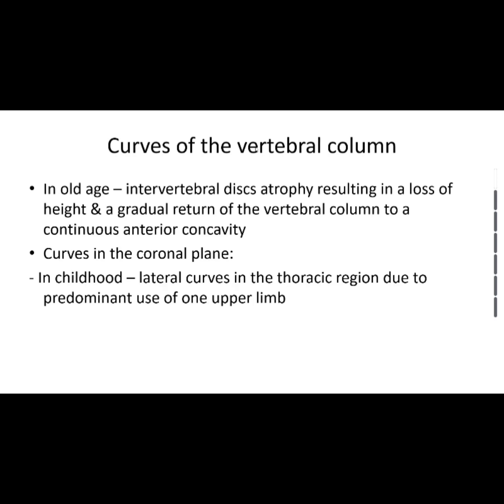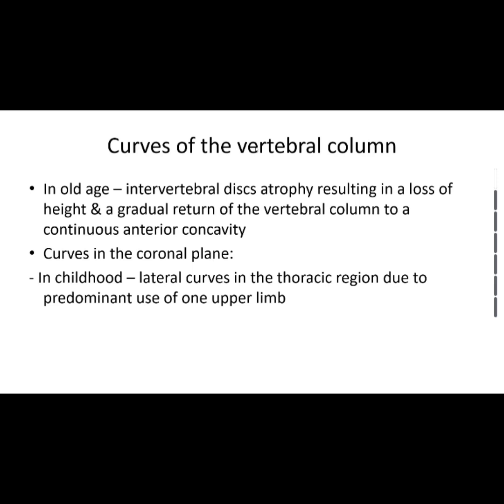Most of the time this is due to predominant use of one upper limb. If a child mainly uses one upper limb, the weight tends to go in that direction, and they tend to have some lateral deviation in the thoracic curvature. This is called scoliosis.